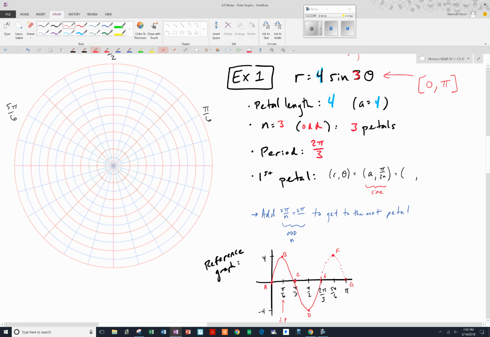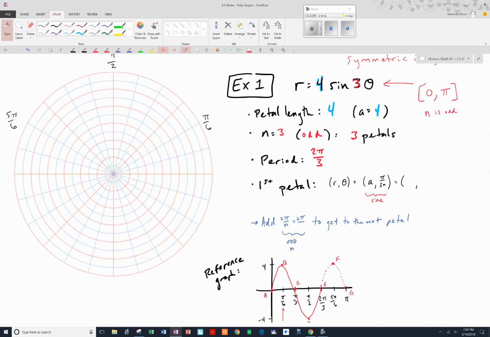We only need to go 0 to pi because we have an odd value for n. When n is even, we're going to have to go all the way to 2 pi. I'm sure you have a lot of questions as I'm going through this. We certainly did in class today, but once we finish an example or two, some of this will clear itself up.